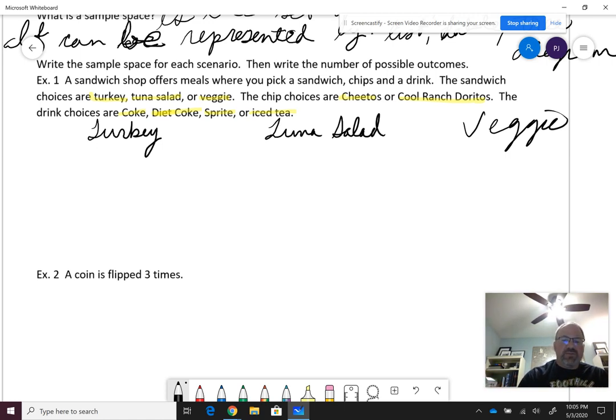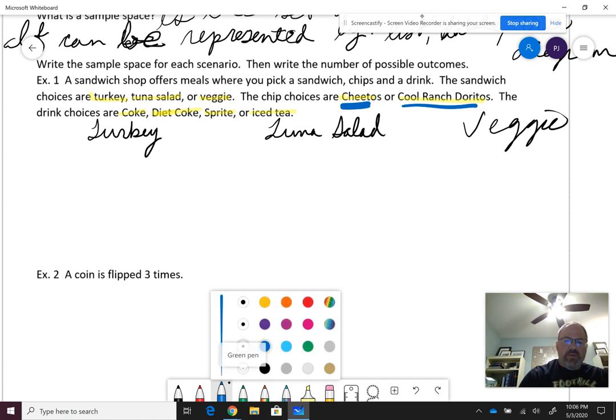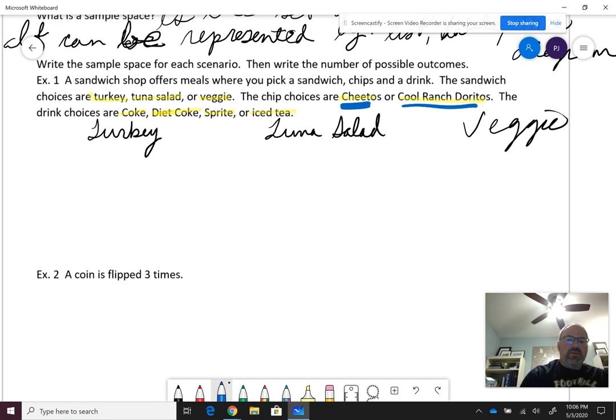So for chips, we're either looking at Cheetos or Cool Ranch Doritos. Cheetos or Cool Ranch.